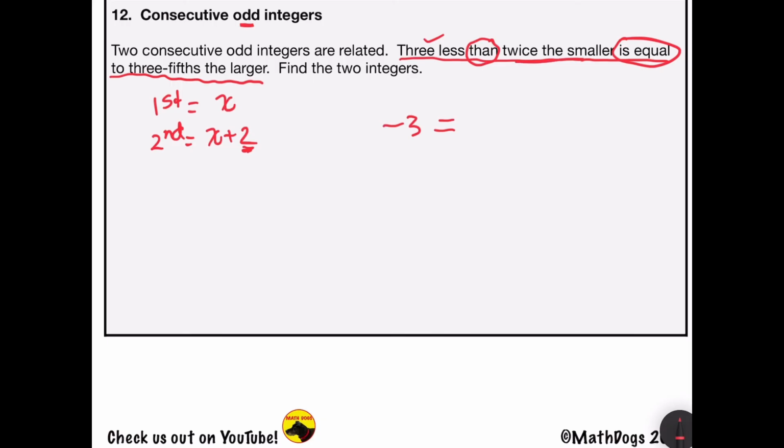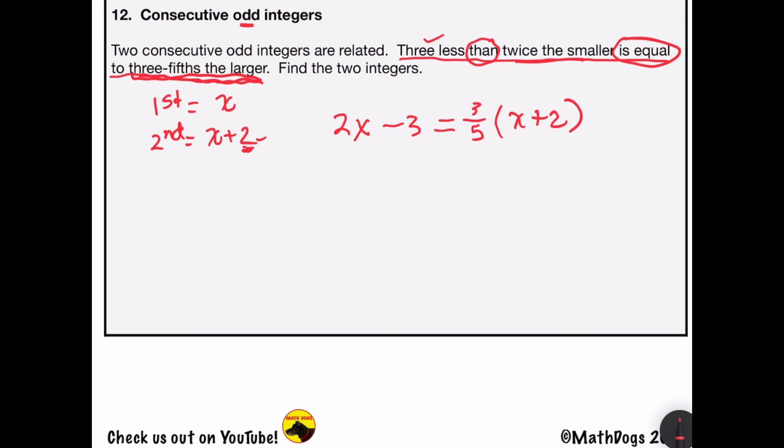Twice the smaller will be 2x. So the left side expression will be 2x minus 3. The right side expression is just 3/5 the larger, which means 3/5 times the larger of the 2, which is x plus 2. And so my equation says 2x minus 3 equals 3/5 times (x plus 2).